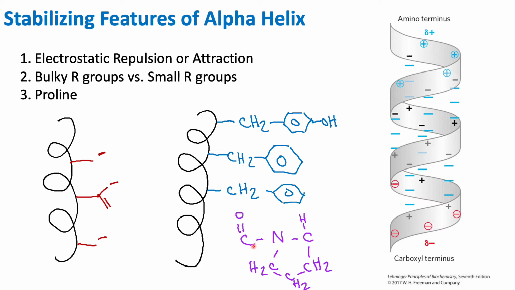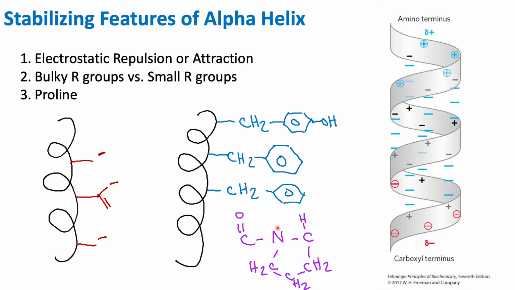But in order for hydrogen bonding to occur, we need hydrogen. Remember that originally in our peptide bonds, we normally have a hydrogen pointing down. But since over here we have proline, the carbon of proline actually forms a bond with nitrogen, and nitrogen loses that bond with hydrogen.